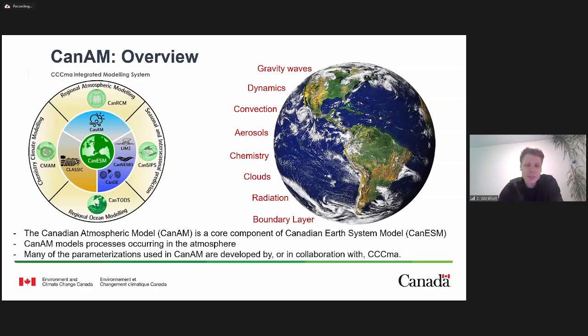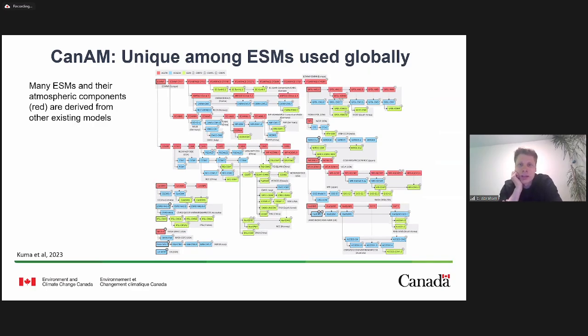All of those parameterizations, and the model itself, have always been developed in-house within the CCCma, or in close collaboration with CCCma staff, which makes us quite a unique model amongst the Earth system models that contribute to CMIP. If we look at the family tree of all the CMIP models, there's CanESM with its atmospheric component CanAM, and you can see that we are a unique model out there.